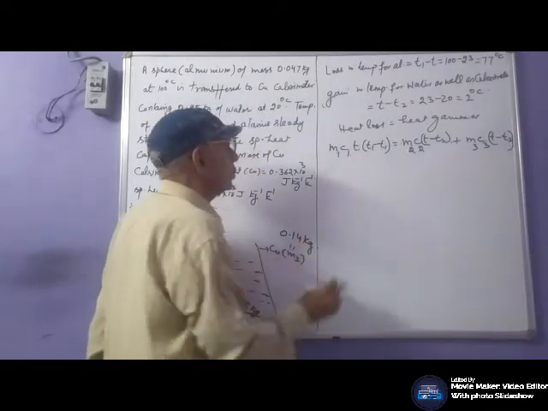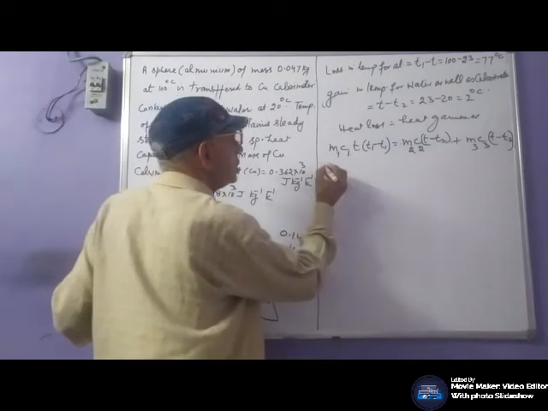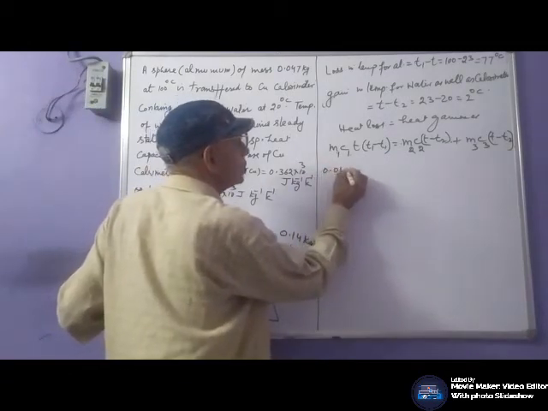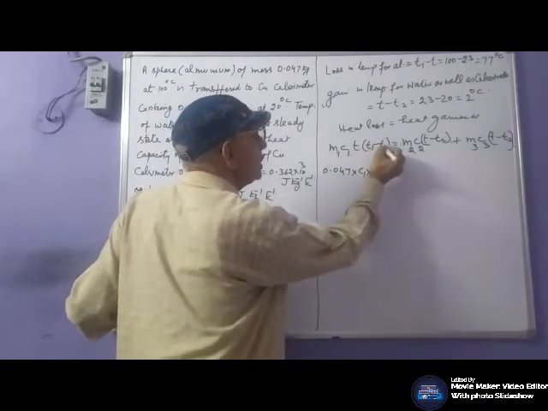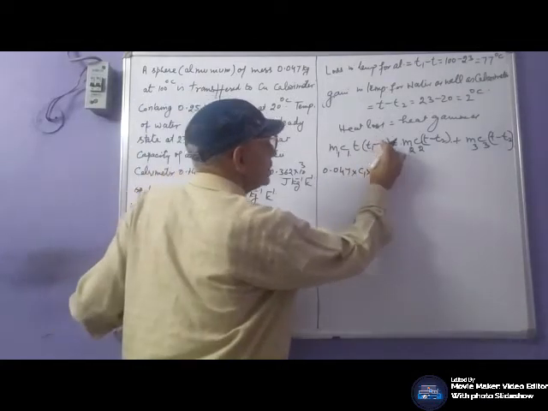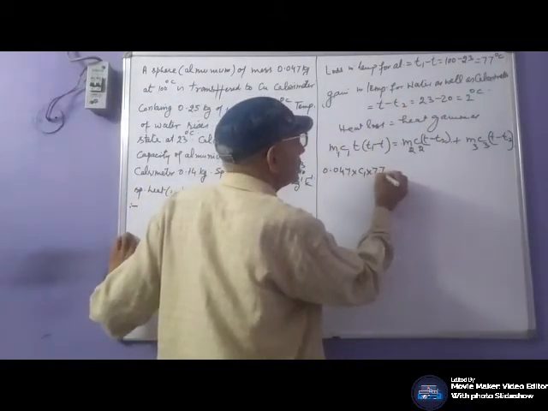M1 is 0.047. C1 we have to calculate. T1 minus T, the fall in temperature, is 77.